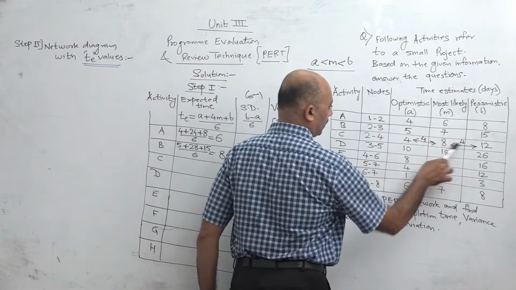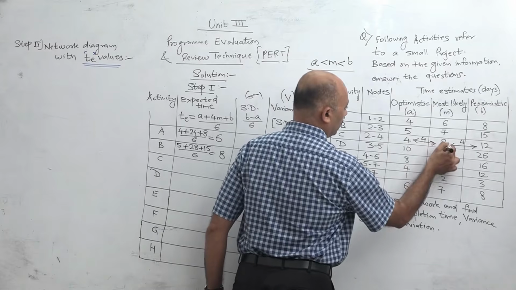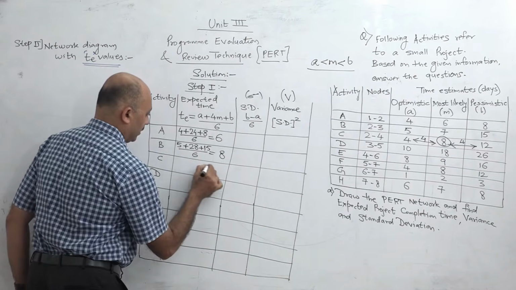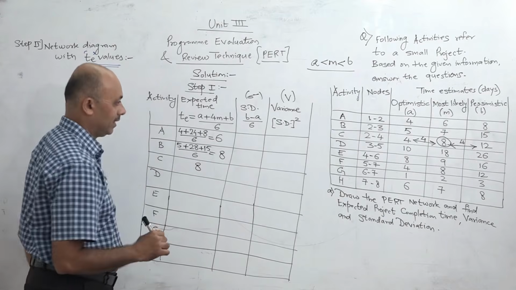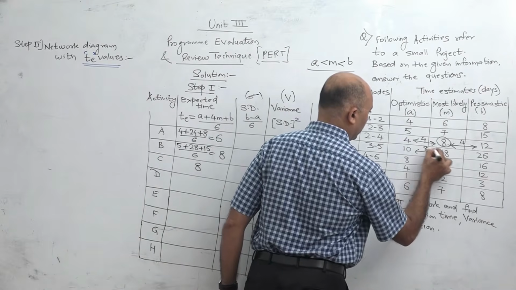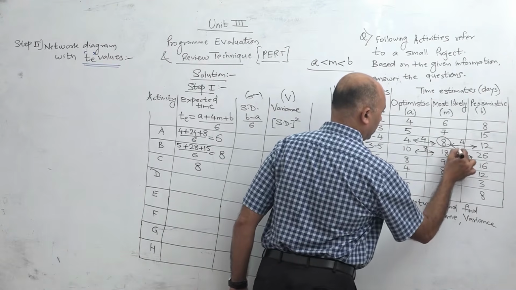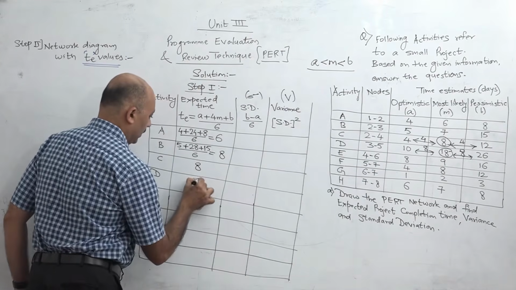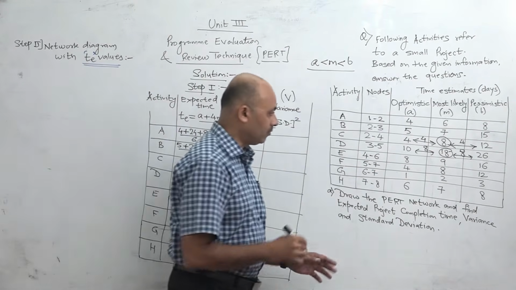So the interval is the same, then in that case the T value is directly equal to the M value. So we can here directly write the T value as 8. Next, here also 10 to 18 interval is 8, and here also 18 to 26 interval is 8. So our T value will be 18. Where the interval is not the same, we have to calculate.